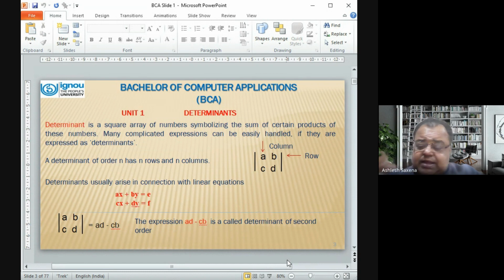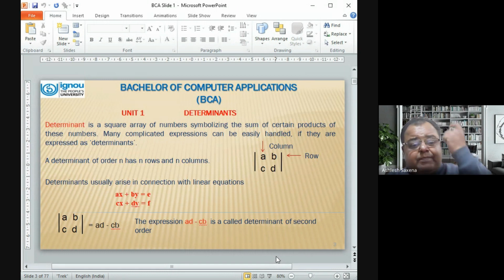You can see that here are two equations. Variables are x and y, and the constants are a, b, e, c, d, f. Now, what do we do to calculate the value of the determinant?